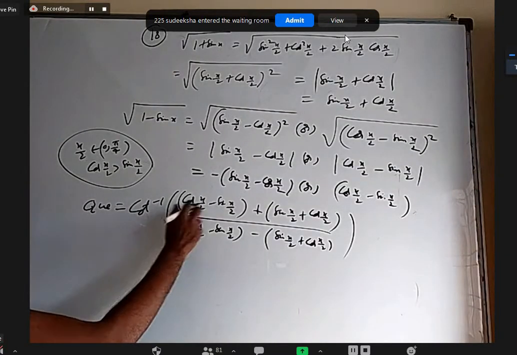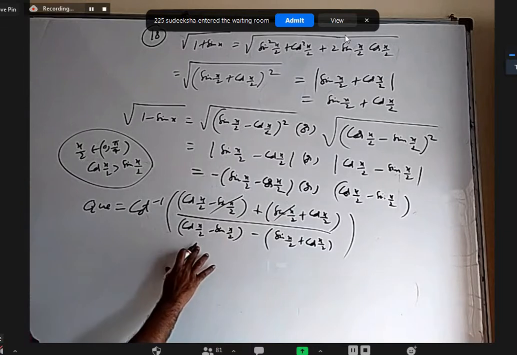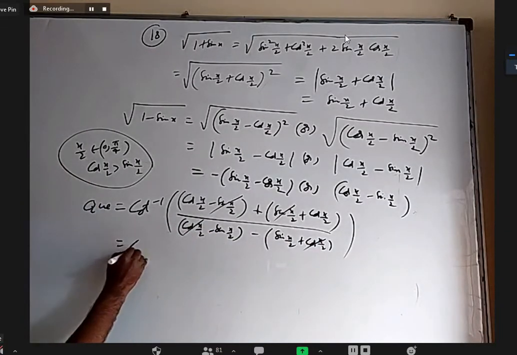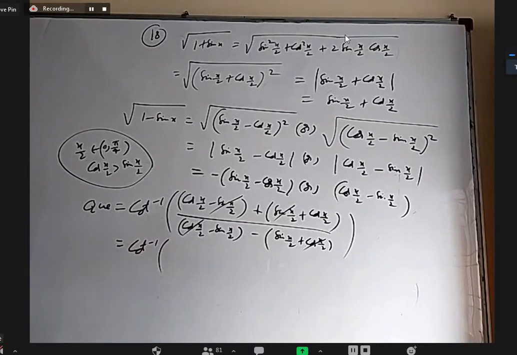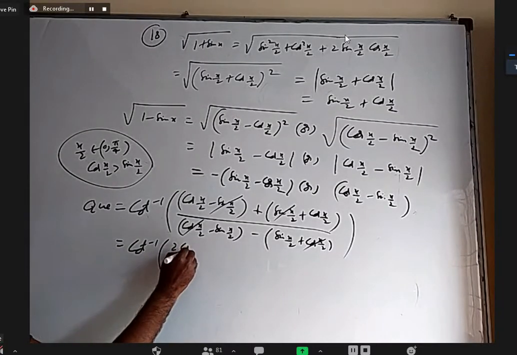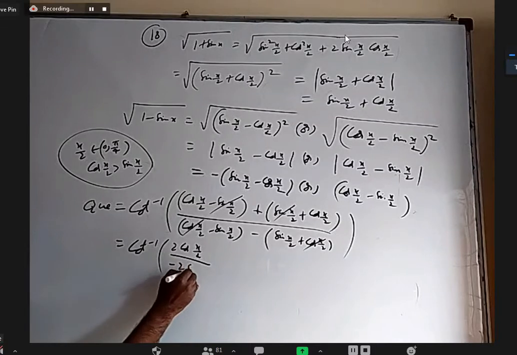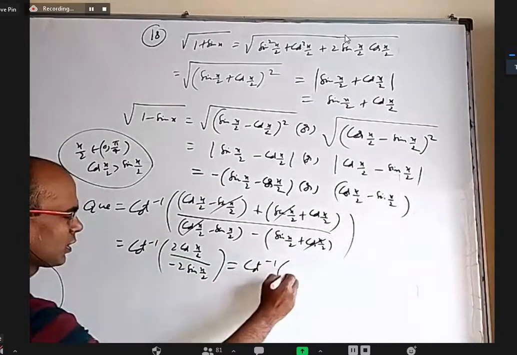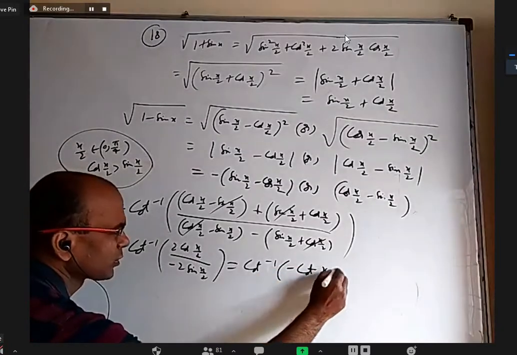Here sin will cancel, here cos will cancel. Cot inverse of 2 cos x by 2 by minus 2 sin x by 2. I'm getting cot inverse of minus cot x by 2.